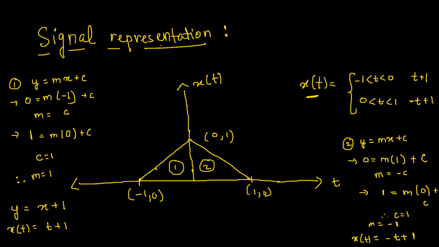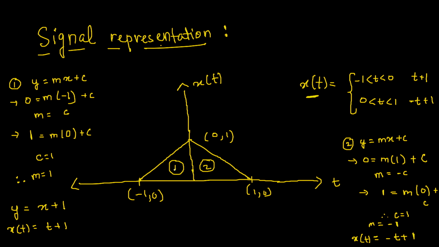This is two functions. The function behaves differently on the left hand side. It's increasing from -1 to 0, and then it's decreasing from 0 to 1. So this function is piecewise defined, which means it behaves differently in a particular region and differently in another region.